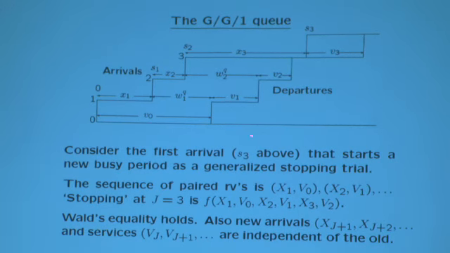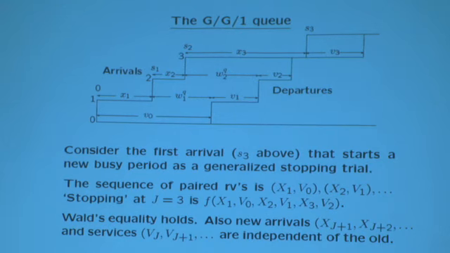It's the service time of the arrival that has come in at this point. This is the service time of the arrival at time 0. This is the service time of the arrival at this time, and so forth.